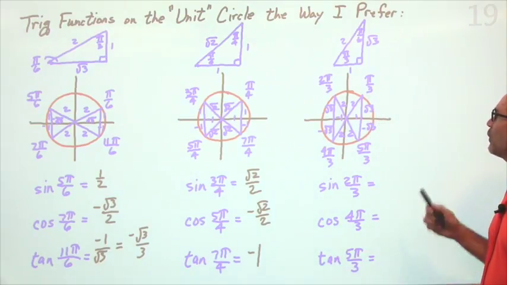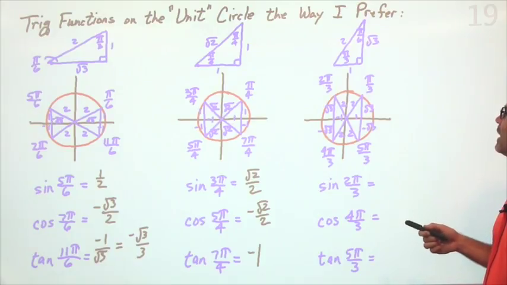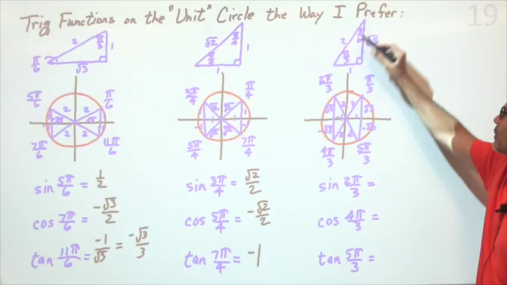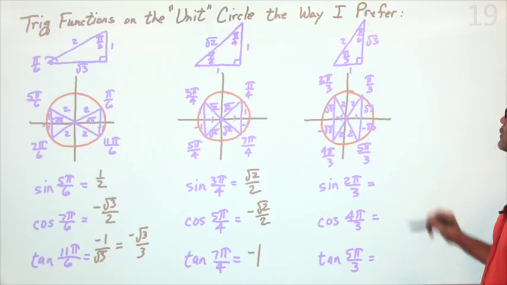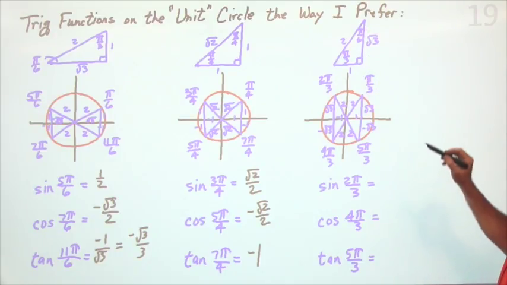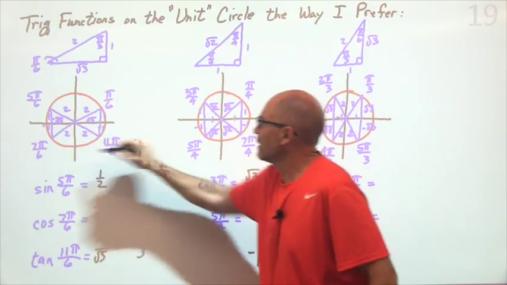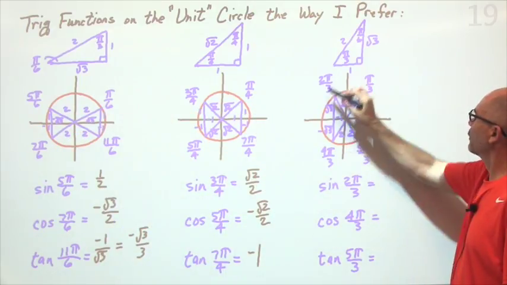Okay, now the third example is where we have the 30, 60, 90 right triangle, or the pi over 3, pi over 6, pi over 2 triangle. And this time, instead of the pi over 6's, we have it on the pi over 3's.